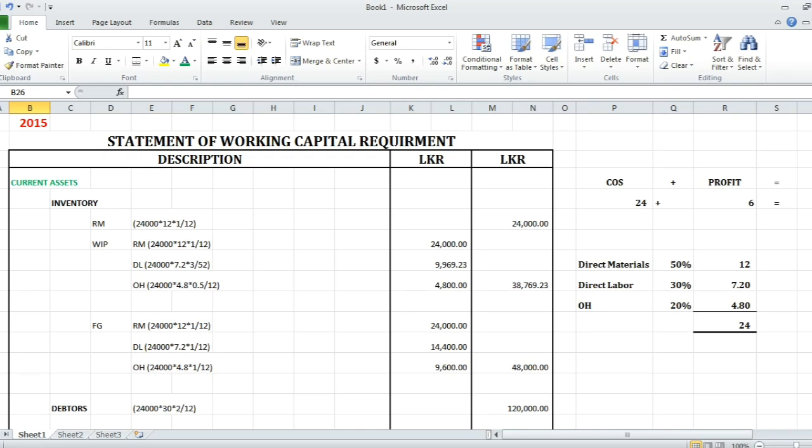Inventory, raw material: 24,000 production units into 12 rupees raw material per unit cost into 1 month credit period, 24,000. And work in progress consists of 3 elements: raw material, direct labor and overheads.